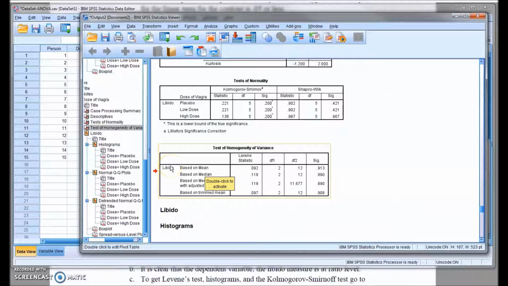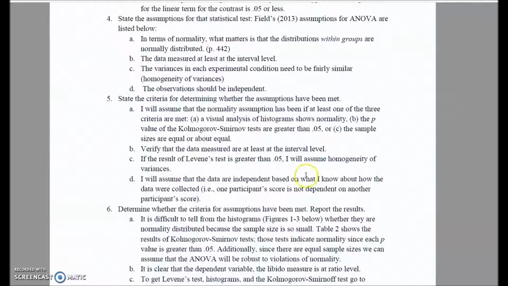Remember, if it is ordinal, I want to look at the median, and if it is nominal, I look at a different measure of central tendency. Based on the mean, I see it is 0.913, which is again greater than 0.05. So my assumption for homogeneity of variances is also satisfied.